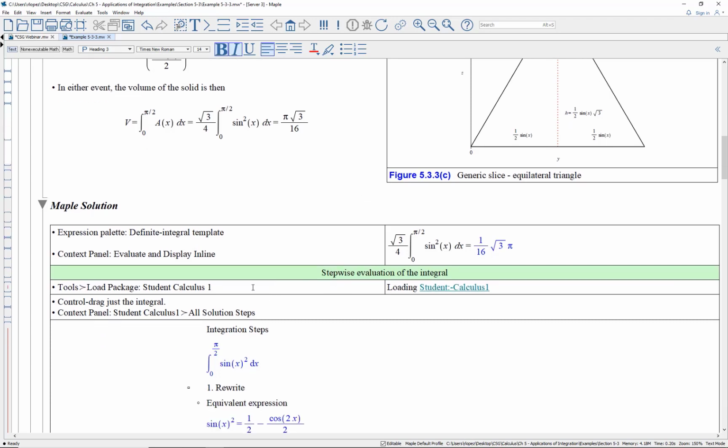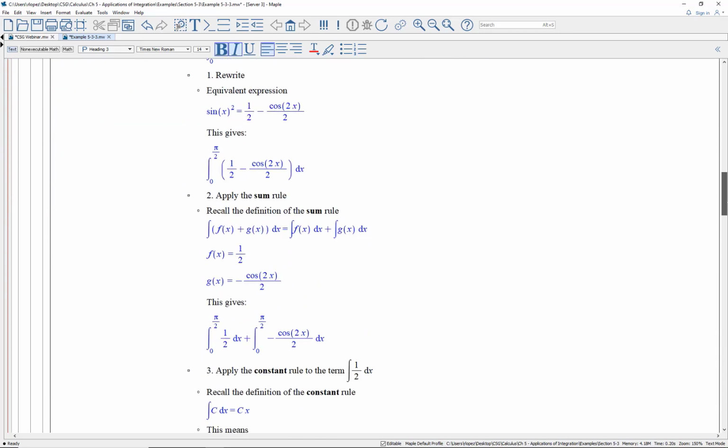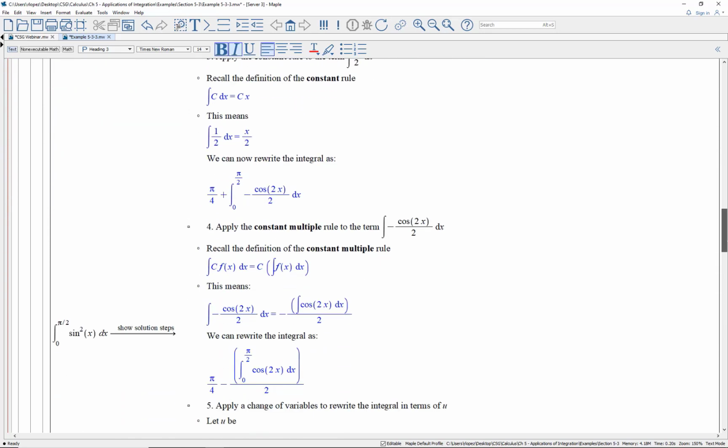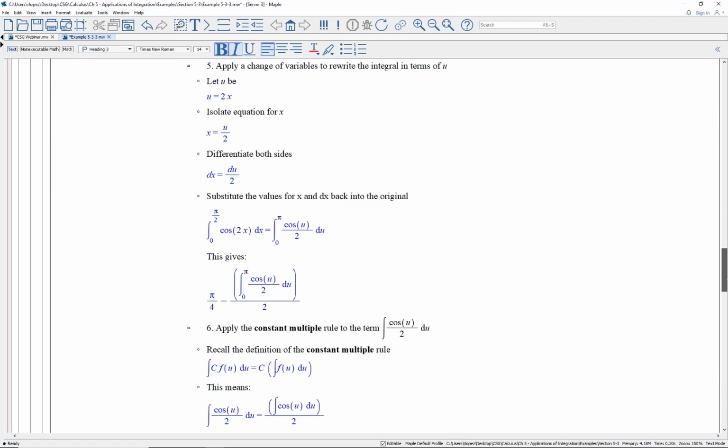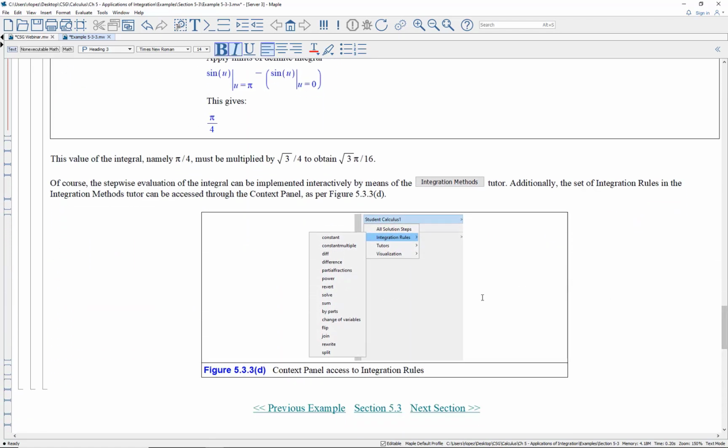If you were to load the Student Calculus 1 package and then ask for all solution steps, and I showed you where that was located, you would get a stepwise solution printed, annotated. You could also perform the stepwise computations step by step via the context panel, and I showed you before where that was.